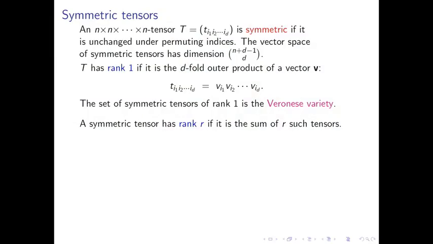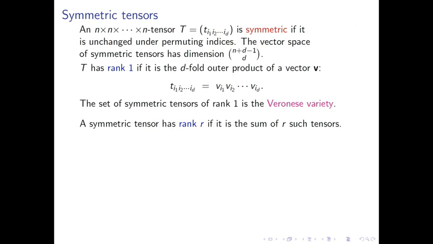Now, these are the degrees of freedom. The space of symmetric tensors, d-dimensional tensors of format n by n by ... by n, has this many distinct entries: n plus d minus 1 choose d. That's what you learn in your freshman discrete math class when you count with bars and stars.